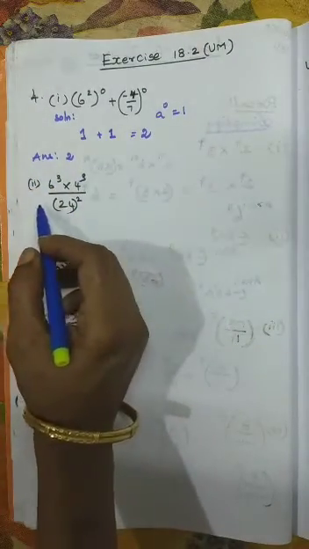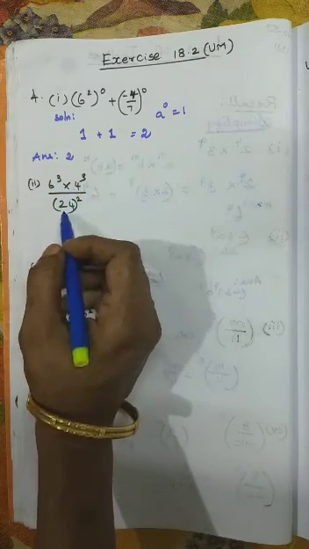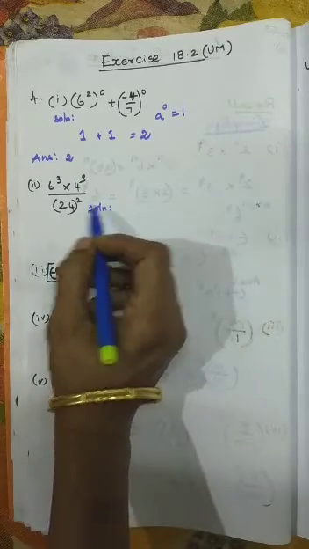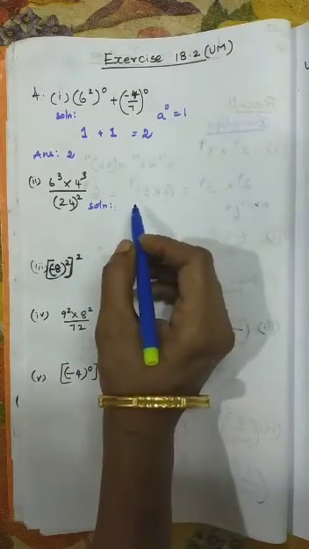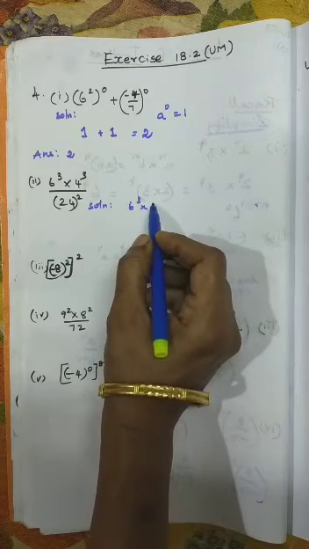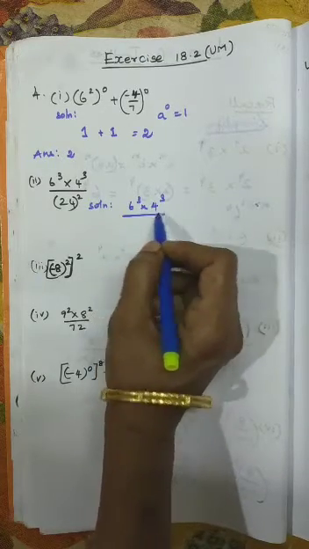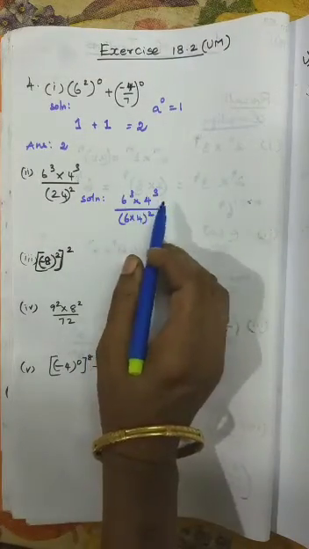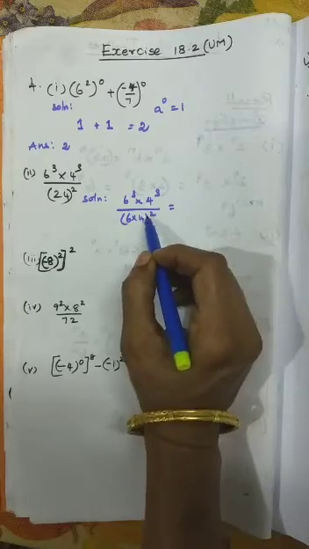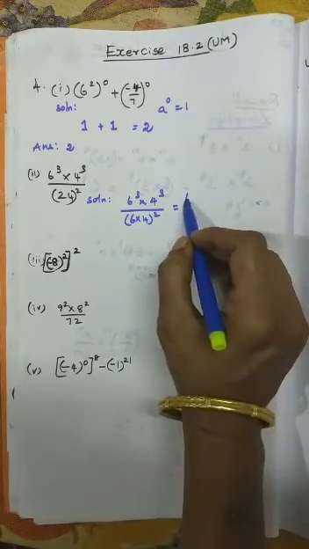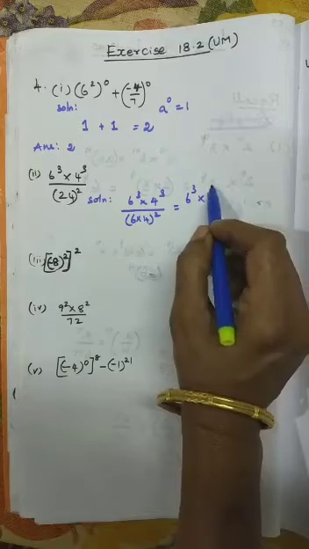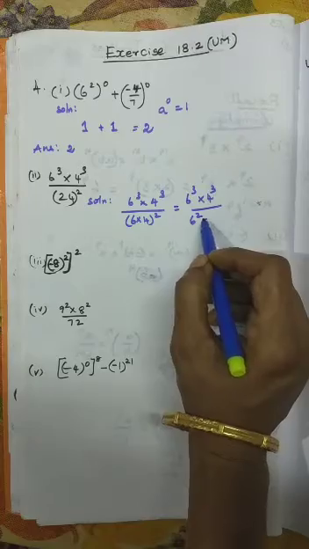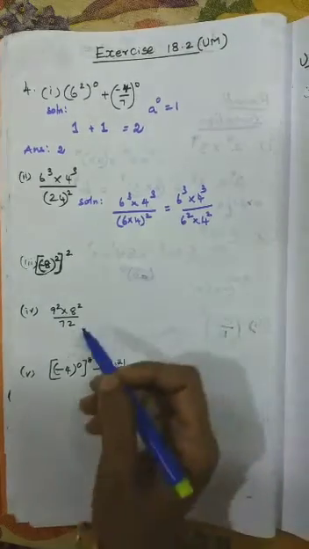Then the second sum: 6 cube into 4 cube by 24 the whole square. Here we can write 24 the whole square as 6 into 4 the whole square, since 6 fours are 24. Now we can separate the square to each term: 6 cube into 4 cube by 6 square into 4 square.